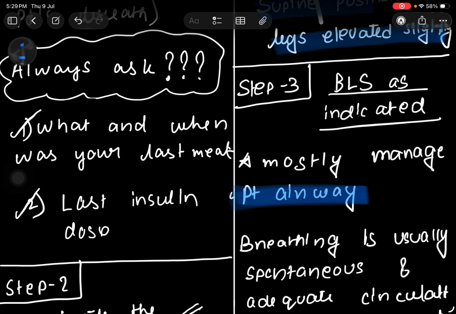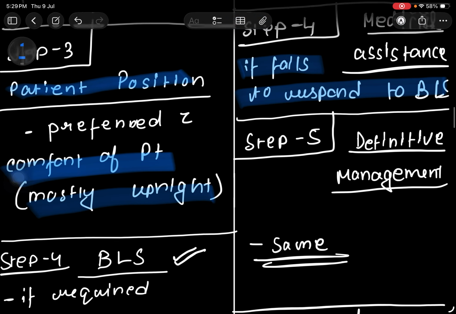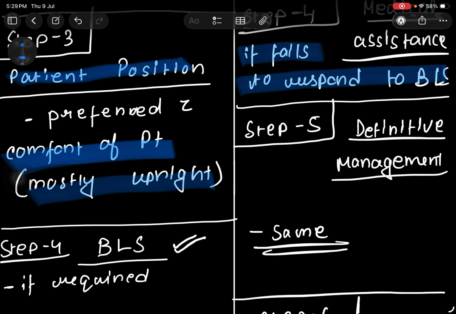In BLS, mostly the airway is managed because breathing and circulation are almost normal in a hypoglycemic patient, so only the airway is seen. Then medical assistance if BLS fails to respond. After giving BLS, if the patient is not responding, then we will have to call medical assistance.